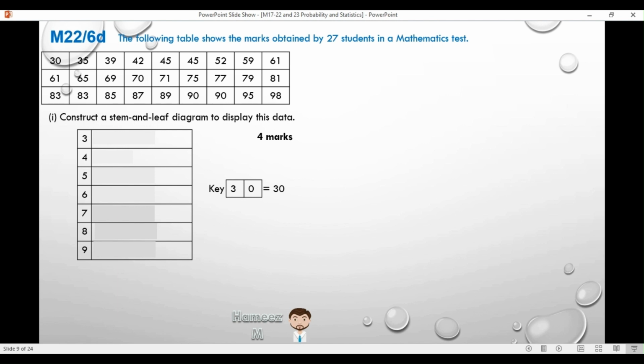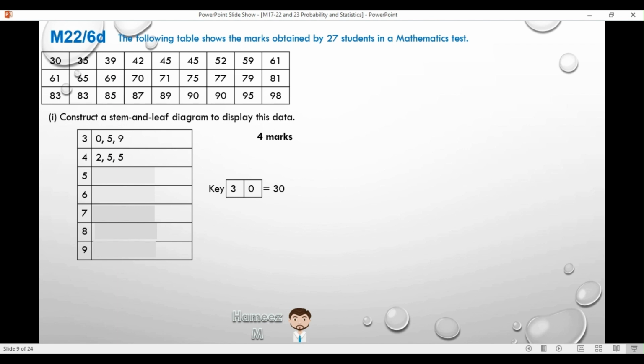And if we look at the table and the marks, we could see in the 30s we had three values, 30, 35, and 39. So that's indicated in the leaf part as 0, 5, and 9. And in the 40s, there's 42, 45, and 45. So we see 2, 5, and 5 in the leaf.